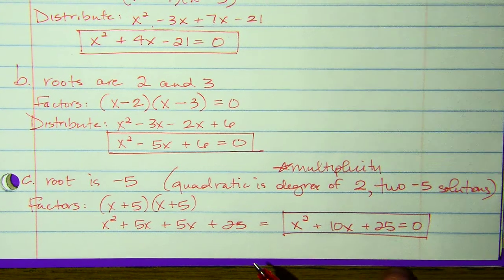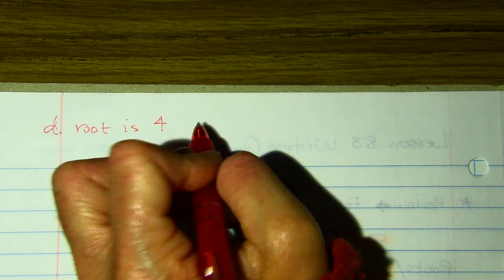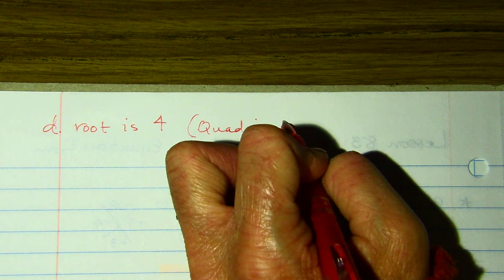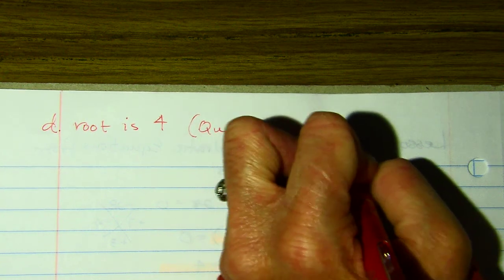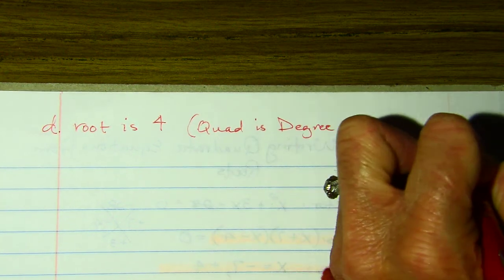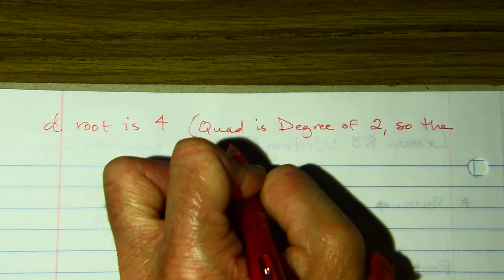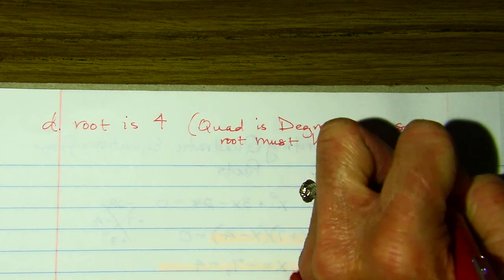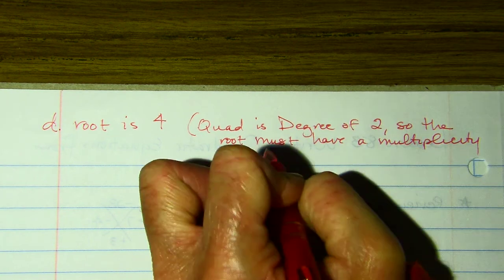Moving on. If you want to pause the video and try this one, part D, my root is 4. Now remember, that means a quadratic is degree 2, so the root must have a multiplicity of 2.